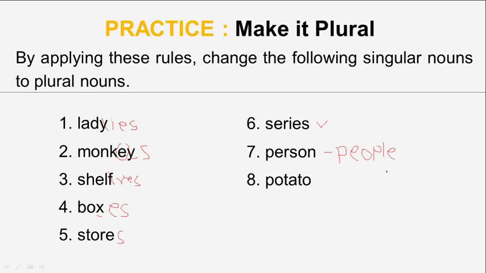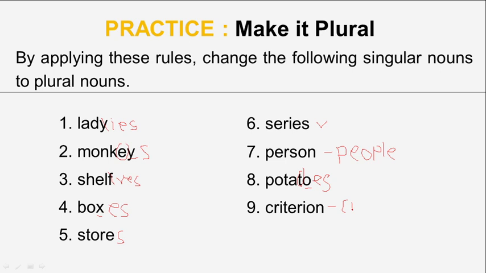Next, number 8, potato. Okay, it ends with letter O and is preceded by a consonant letter. Therefore, we need to add ES. It will be potatoes. Number 9, criterion. Criterion is also an irregular plural noun, which means that we need to change the word.